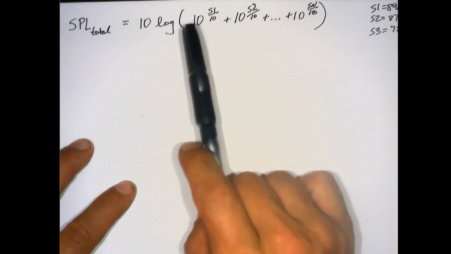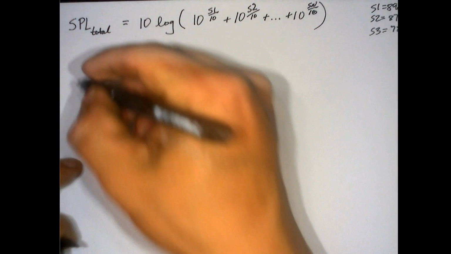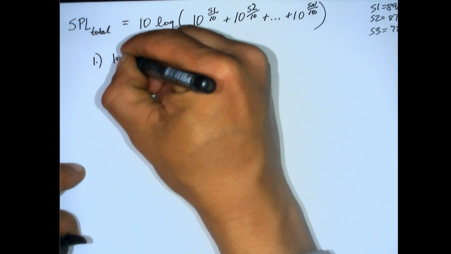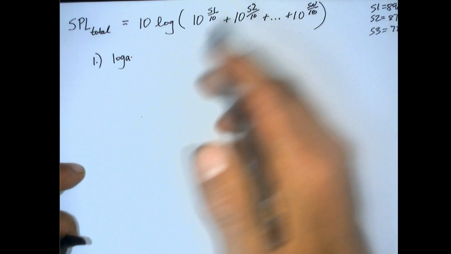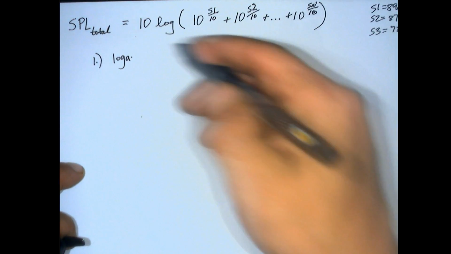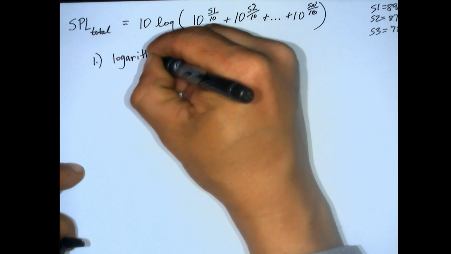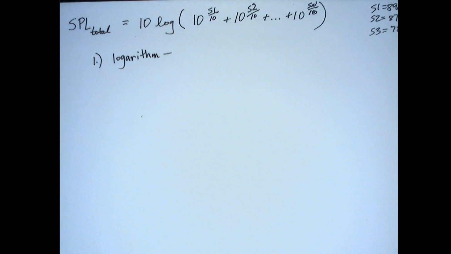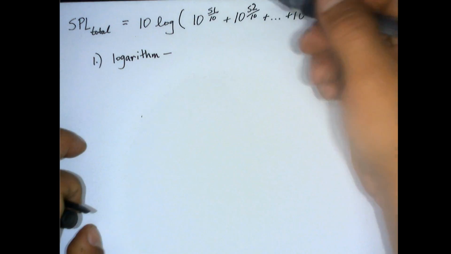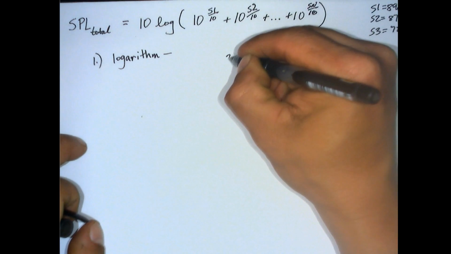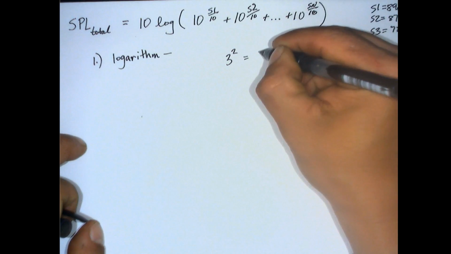So I'm going to first explain the basic logarithm. I'm not going to go into all the properties because there isn't any kind of trick or property that you can use to solve this formula. A logarithm is the opposite of an exponent. In other words, say you have 3 squared is equal to 9.